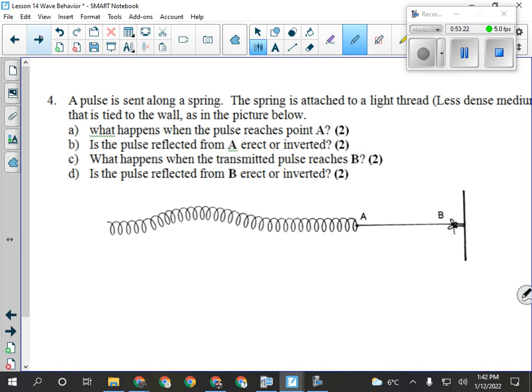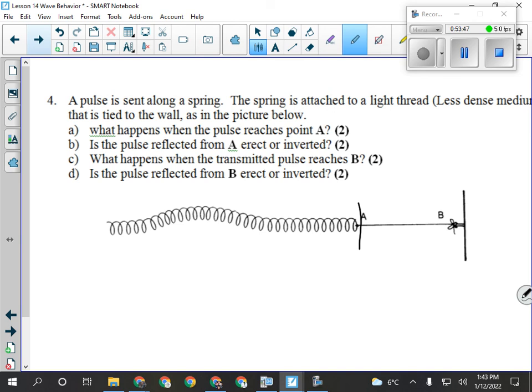Okay, so for this one, I send that pulse through the slinky. So I've got a slinky attached to a string, attached to a wall. Okay, when this pulse gets to the boundary between the slinky and the thread, what's going to happen? Which would be easier for the wave to travel in, the thread or the slinky?